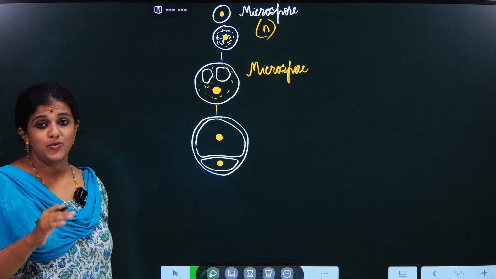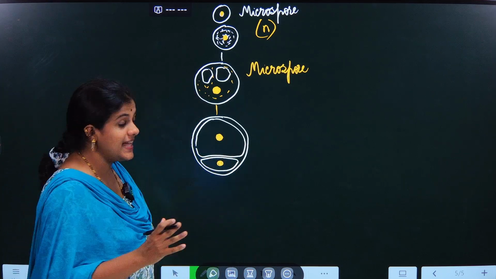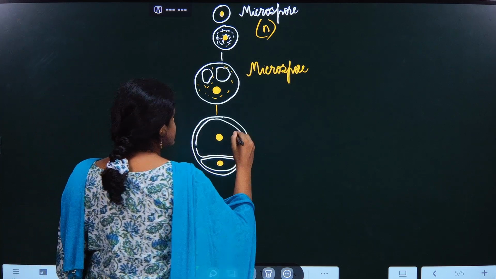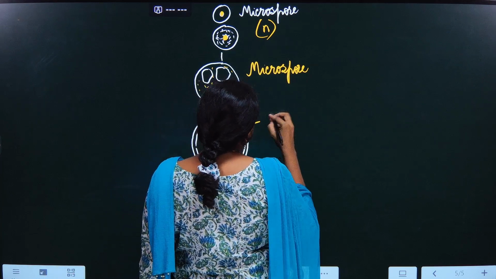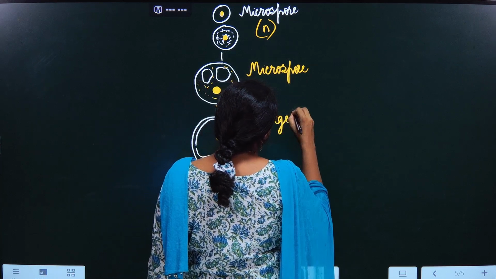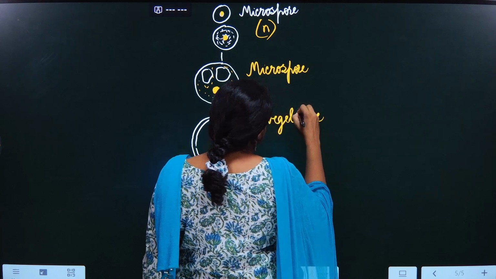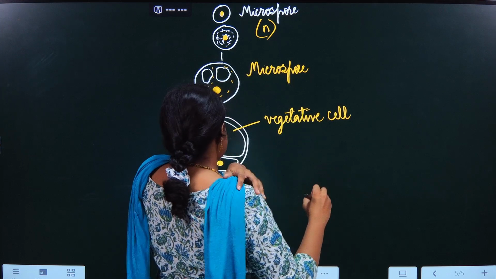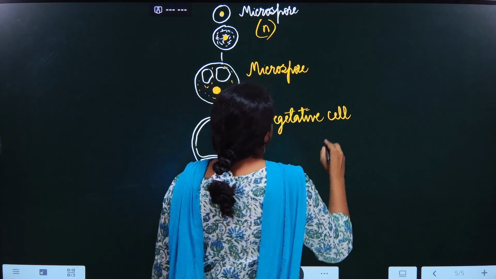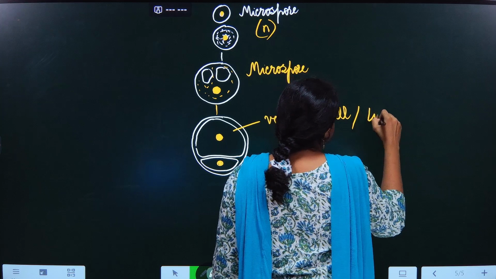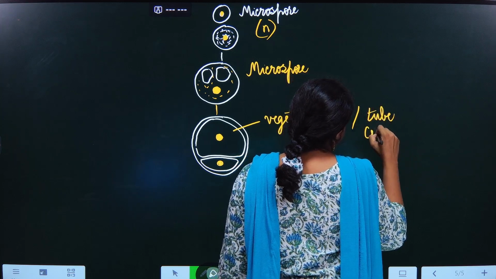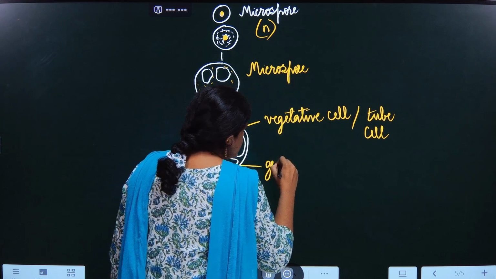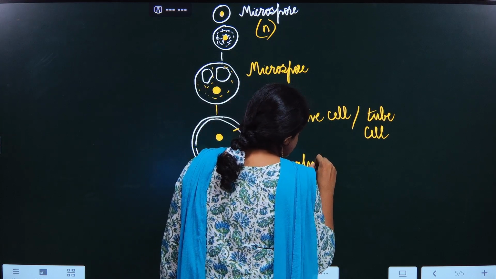So nuclear division has happened equally only, but the cells are formed unequally, means one is a larger cell which is called the vegetative cell, or it is also called the tube cell. And the other one is known as the generative cell.